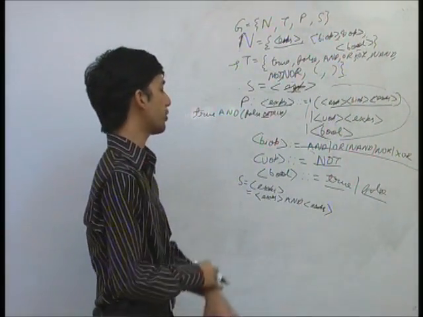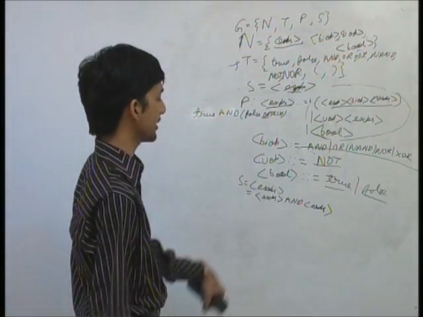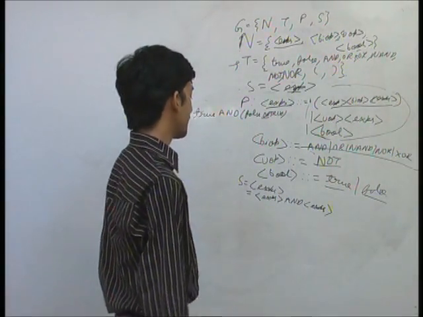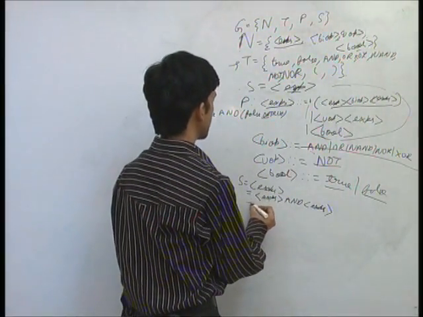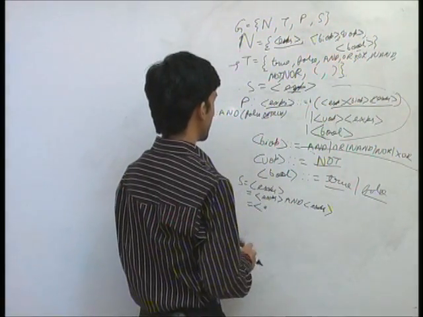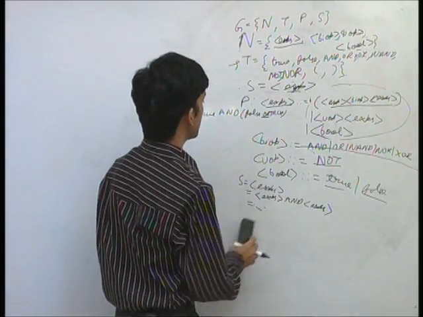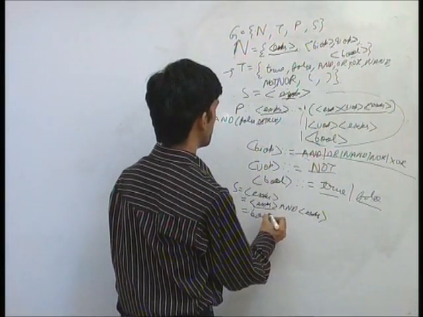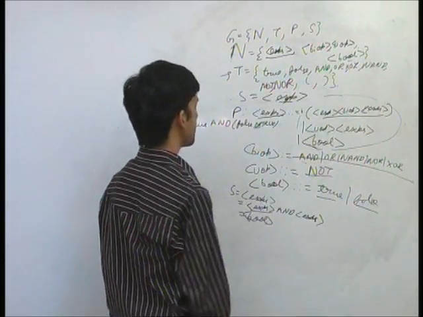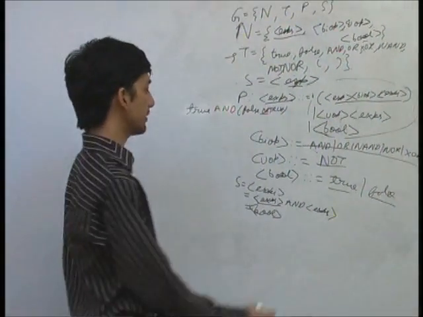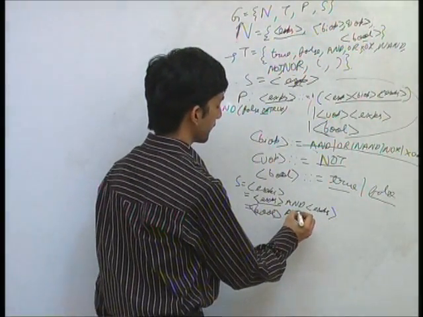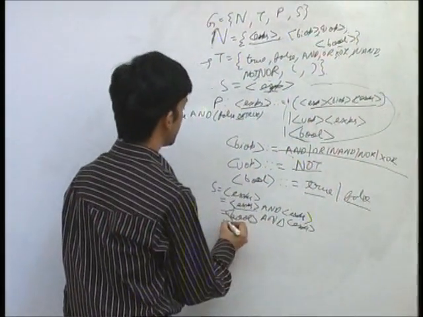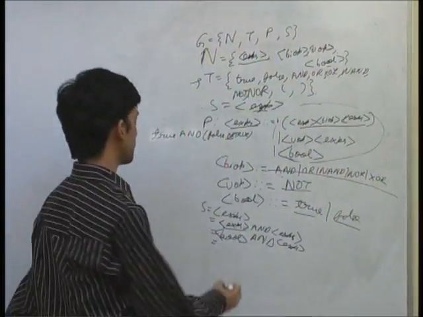Then I say this is an expression, and it can be changed into a bool. At the second step, I change this expression into a bool. In the third stage, I just change this bool into true.